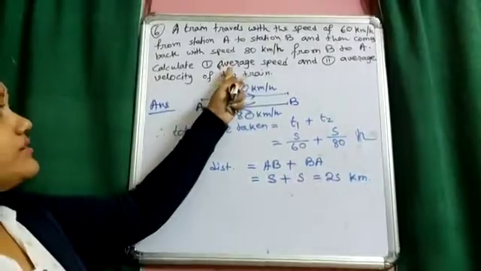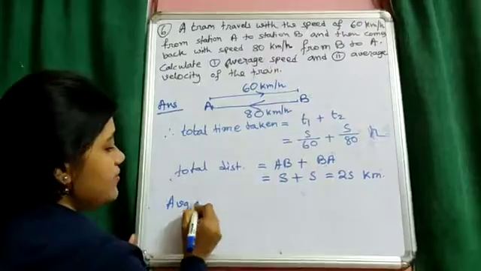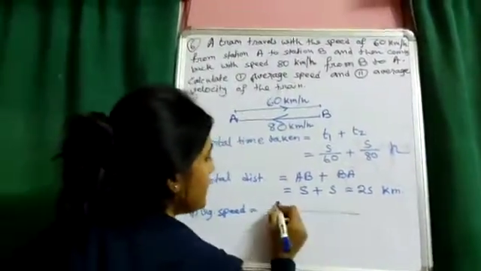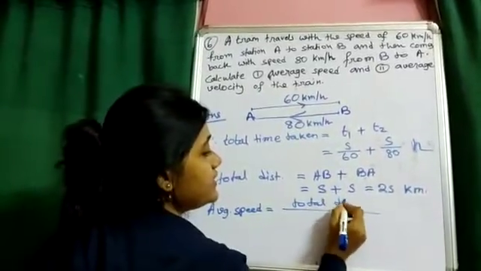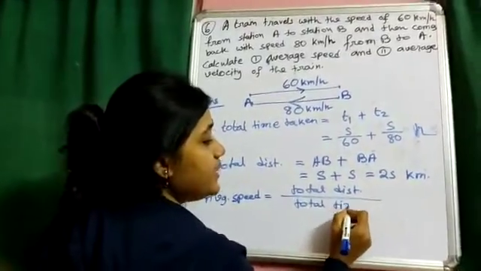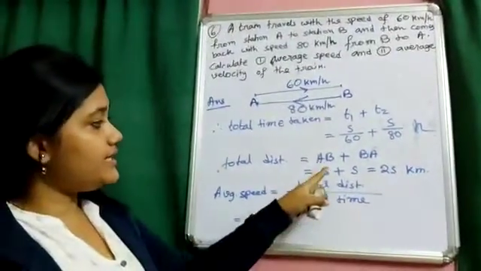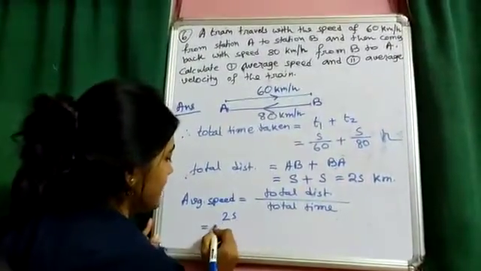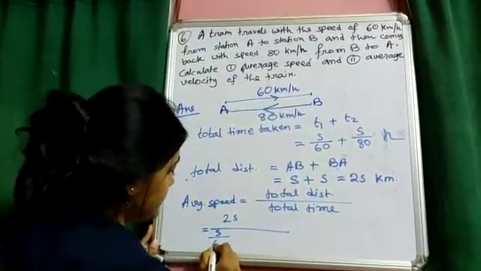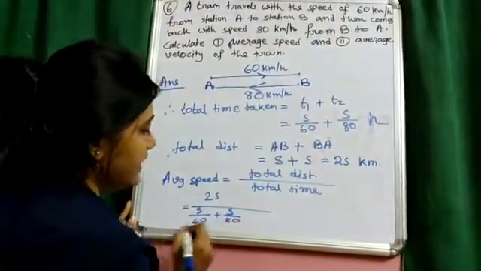And what do we know about the average speed? Average speed is equal to total distance divided by total time. The total distance is 2S, and the total time taken is S by 60 plus S by 80.